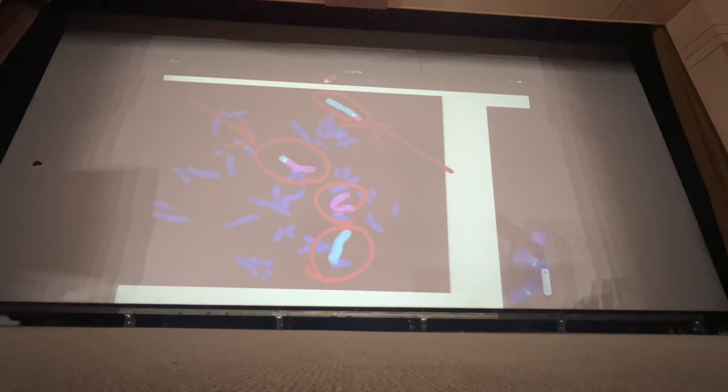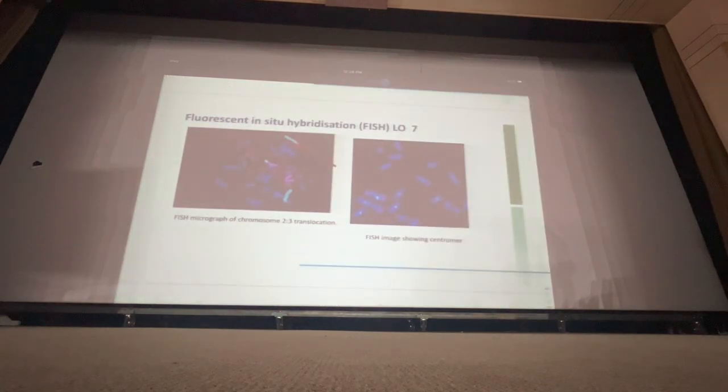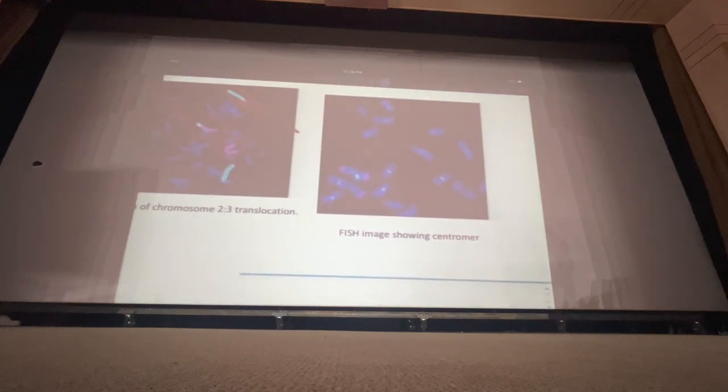So these 2 chromosomes are translocated. So this is how it becomes easy to understand and comprehend the abnormalities. Also, here we can see the centromere using a FISH image showing the centromere.